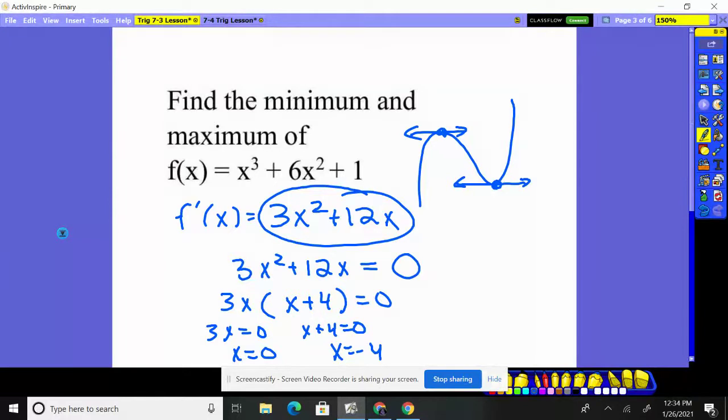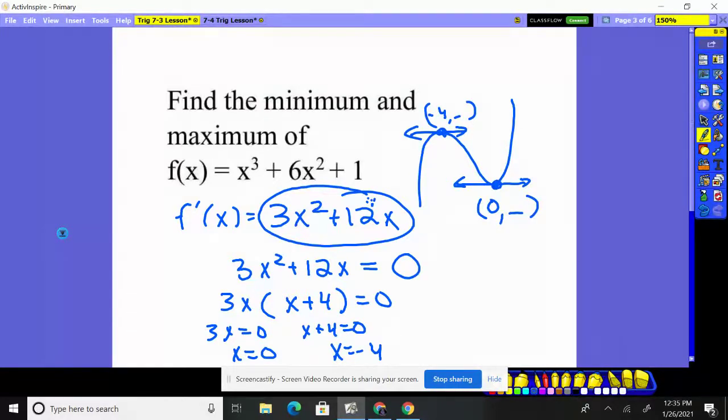That means if you plug 0 into this equation, you're going to get a slope of 0. If you plug negative 4 into this equation, you're going to get a slope of 0. That tells us that it occurs when x is negative 4 and when x is 0. Knowing that the line looks like this, that right there is 0 whatever, and then right here is negative 4 whatever. So we know the x values.